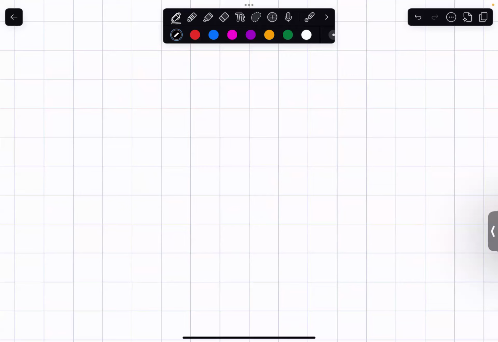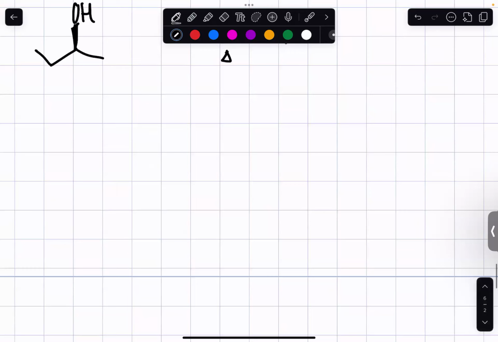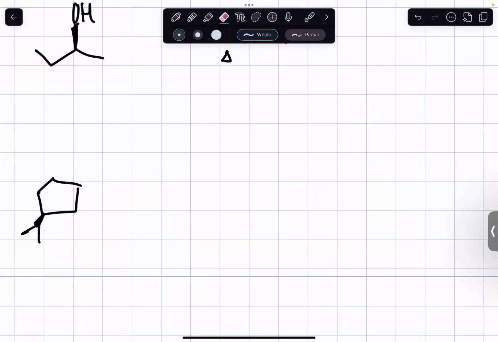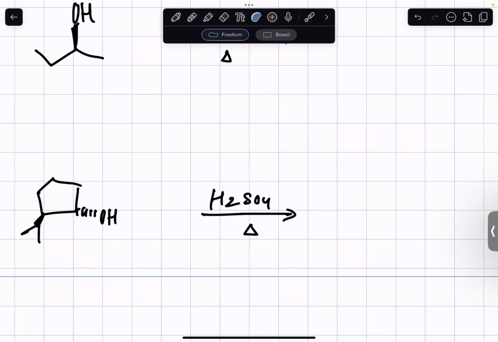So let's start off with something like this: H2SO4, heat. And we could also do something like this. Let's do this right here, and heat like that.